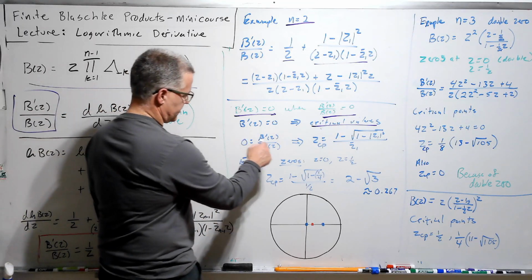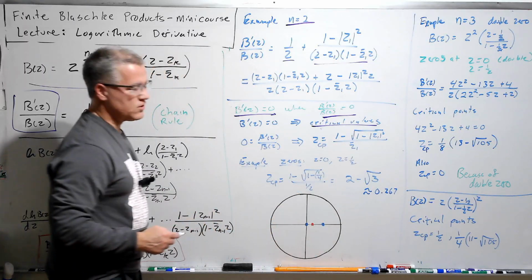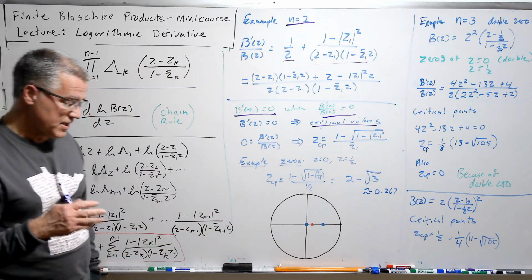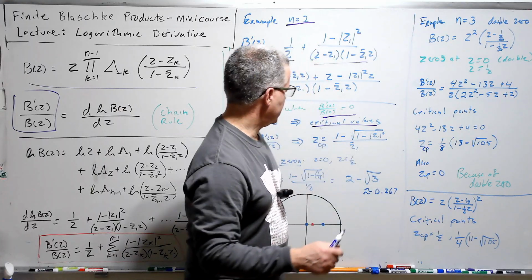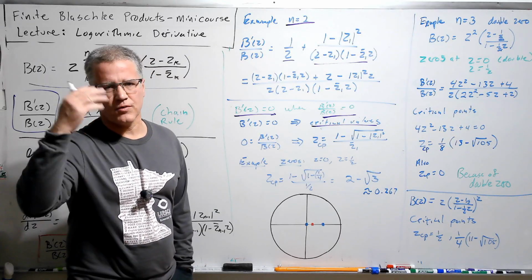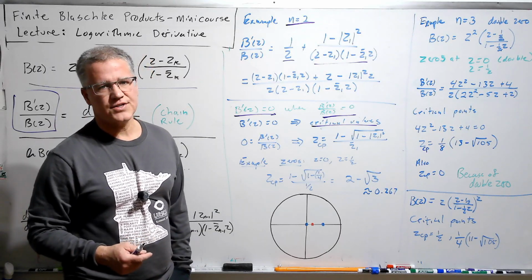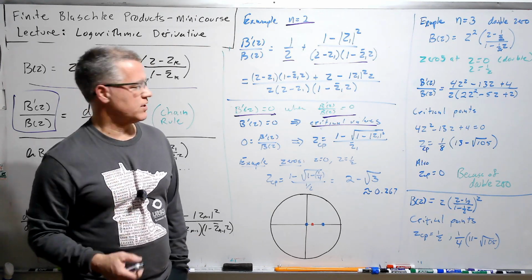All right, so we'll just set this equal to 0, and we get the single critical point here. And this is illustrative of the theorem that we talked about when we were just listing theorems, and that is there's always n minus 1 critical values. So we expect 1 critical value.